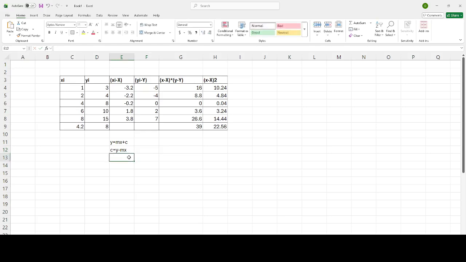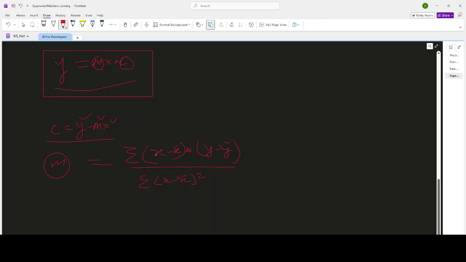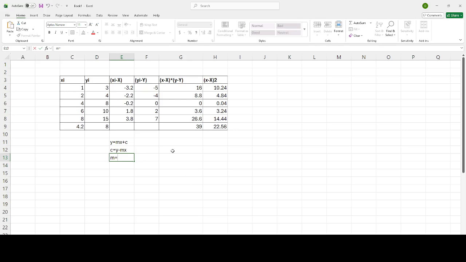First find m, which is equal to, as we know from the formula described here, the summation of (x minus x mean) multiplied by (y minus y mean), divided by the summation of (x minus x mean) squared. This can be calculated here. So m is 39 divided by this one. This is our slope value.